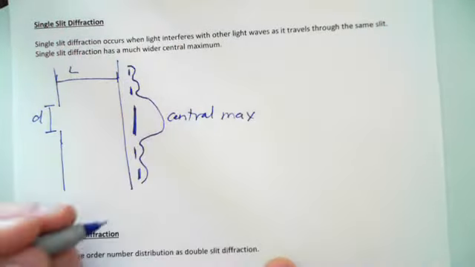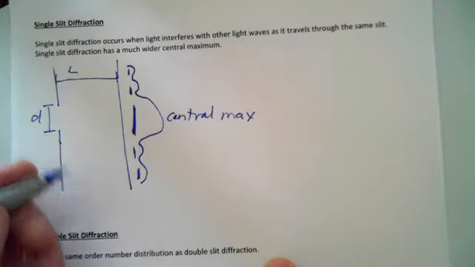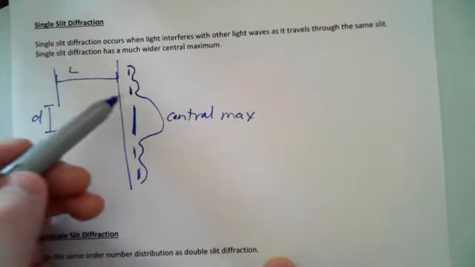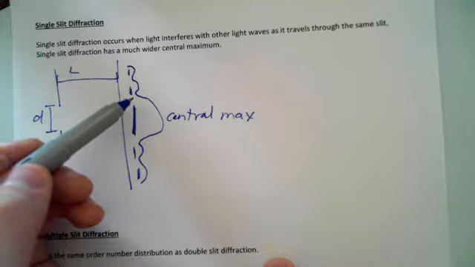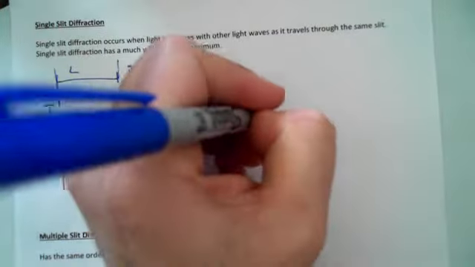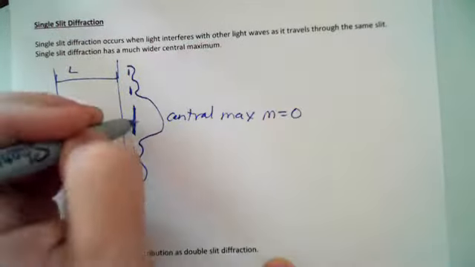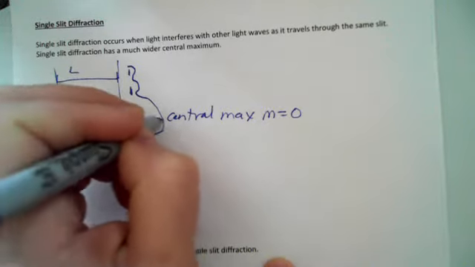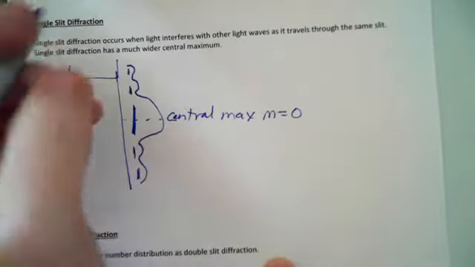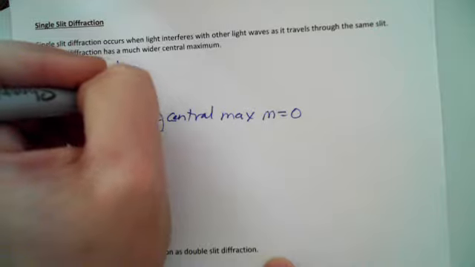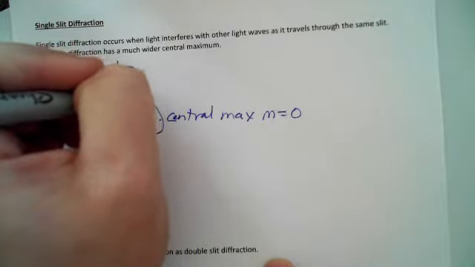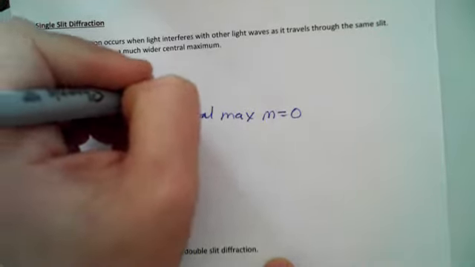Okay, the way that changes things slightly is that before, your order number M equal to 1, remember, this is still M equal to 0, but because the central max is so large, your M equal to 1 is actually going to fall at the area of destructive interference, at this min right here.